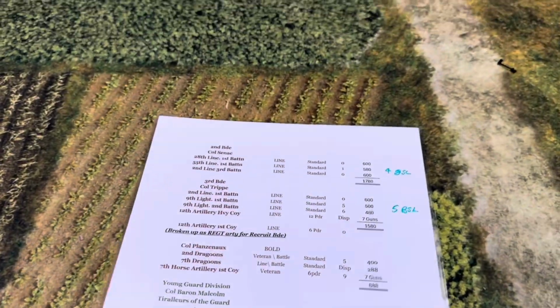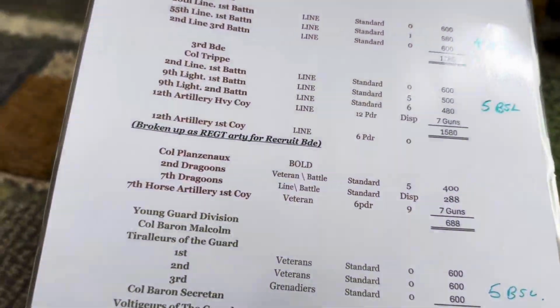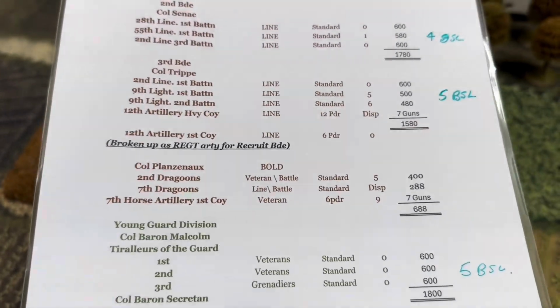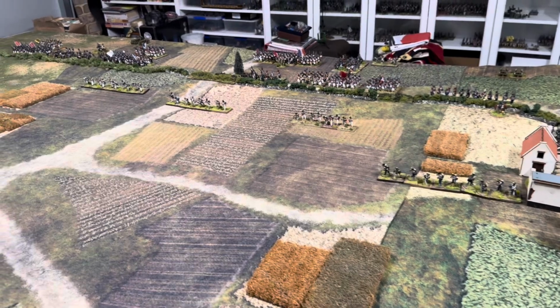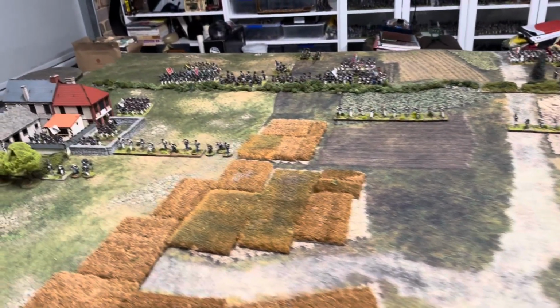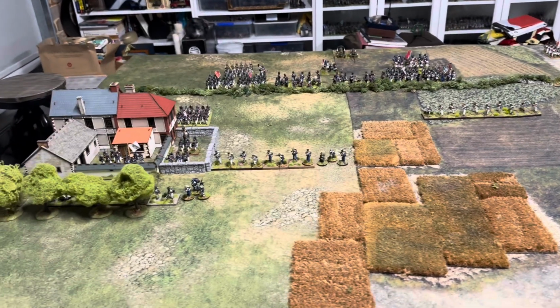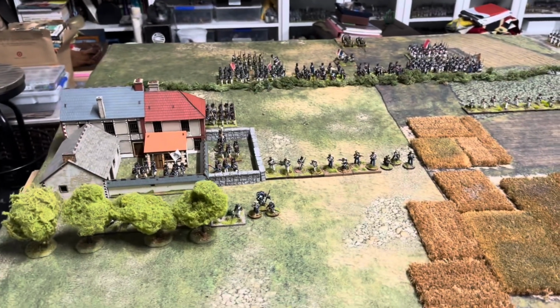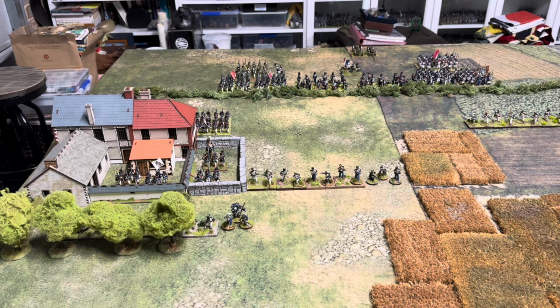I'll go through their deployment with a little bit more detail momentarily. Okay, so this is the battlefield of Mont Saint-Jean. I got in trouble recently because I said Mont Saint-Jean or Mont Saint-Jean. It's apparently that's unacceptable.